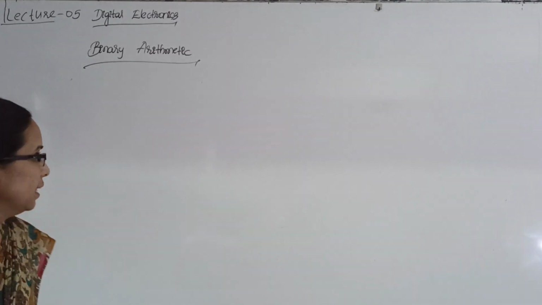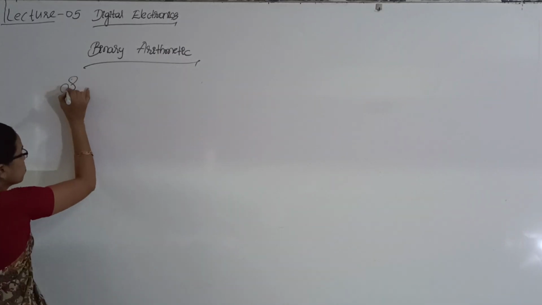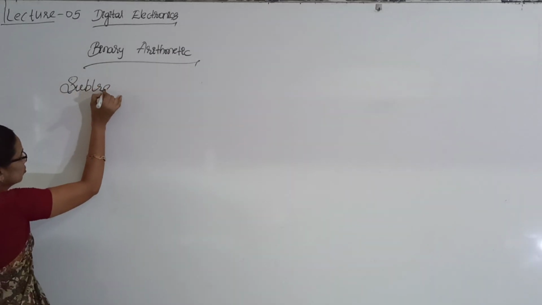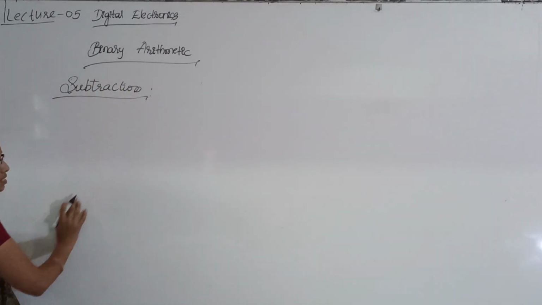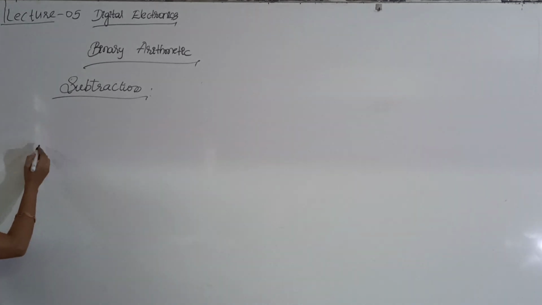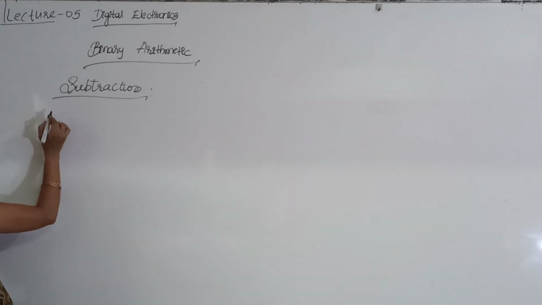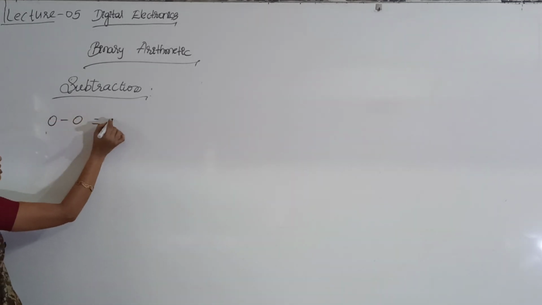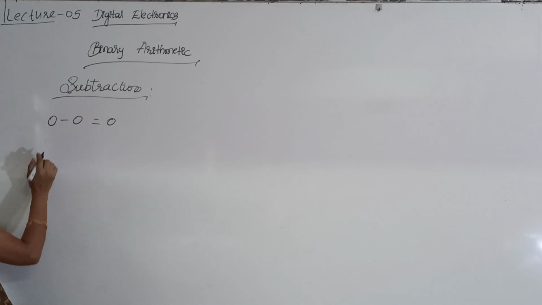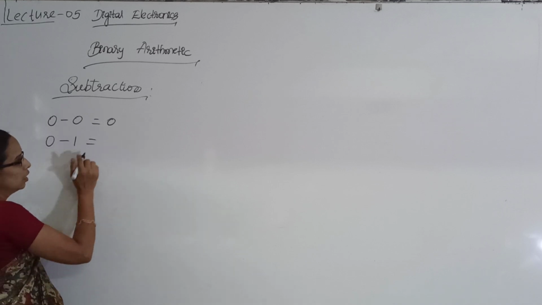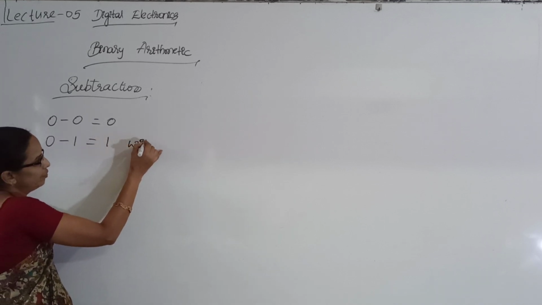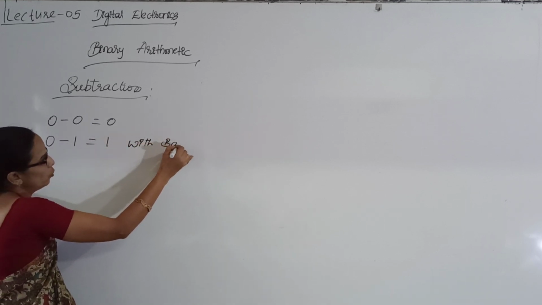Next is binary subtraction. In binary subtraction, before starting you should know 0 minus 0 is 0. Same thing in decimal. 0 minus 1 is 1 with borrow 1.